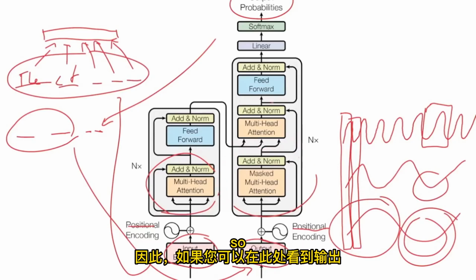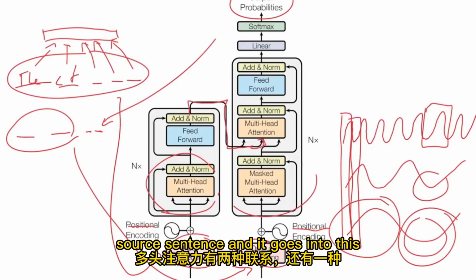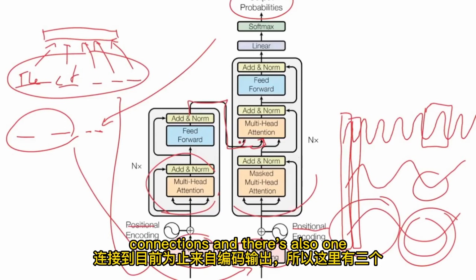So if you can see here, there's an output going from the part that encodes the source sentence, and it goes into this multi-head attention. There's two connections, and there's also one connection coming from the encoded output so far here.